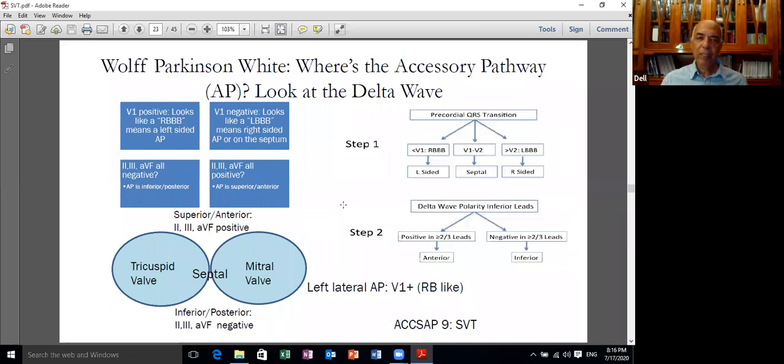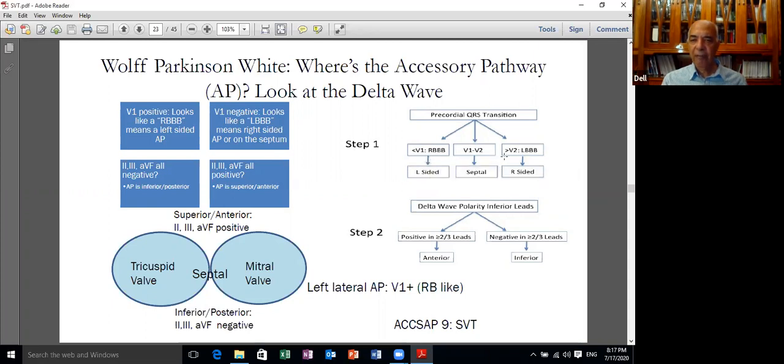But this is one of the simplest algorithms, which is recommended by the American College of Cardiology and the American Heart Association, and it needs two steps. The first step is to look for the QRS complex in V1. If V1 is a right bundle branch block pattern, that's a tall R in V1, this means that the accessory pathway is left-sided. If it is left-sided, then it will activate the ventricle from posterior to anterior, and it will be positive in V1.